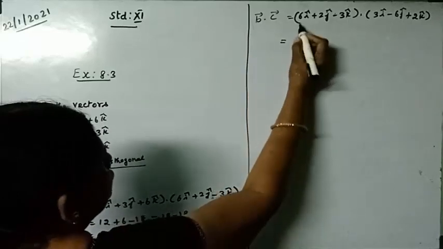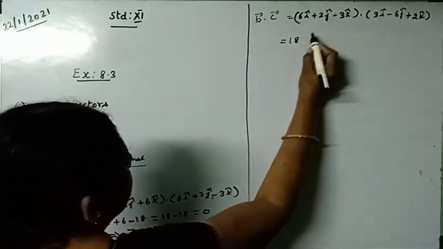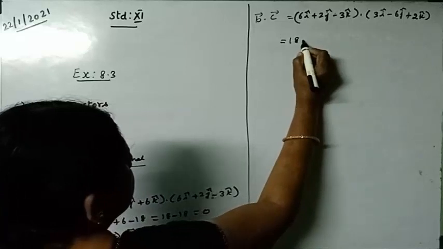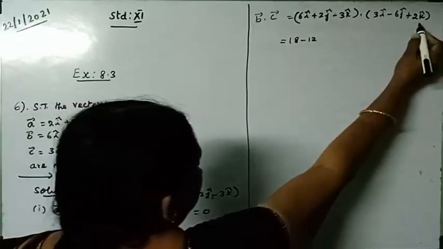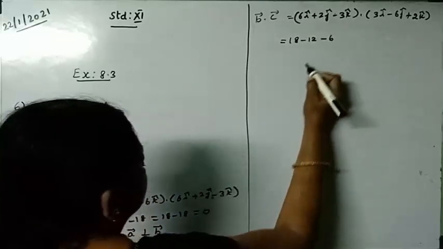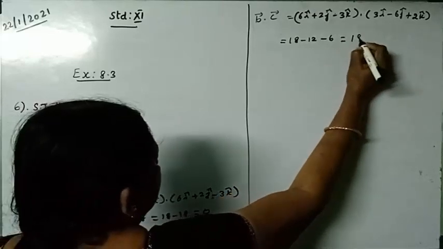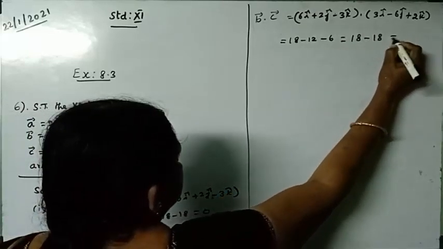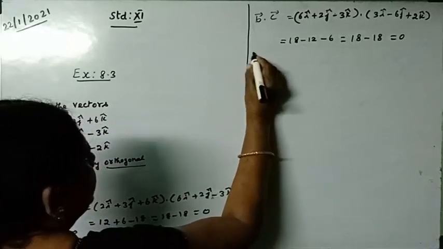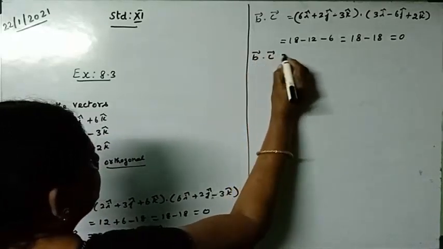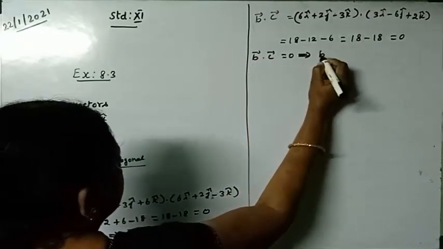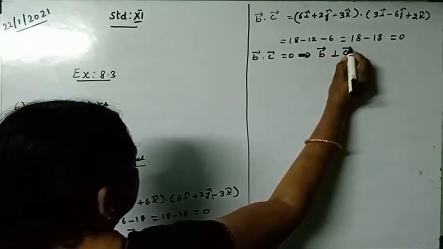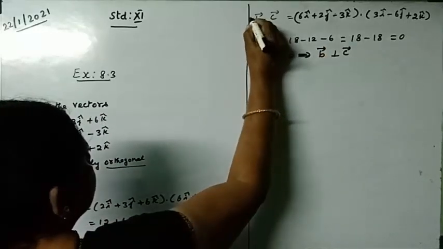So which is equal to 6 3s are 18, 2 into minus 6 is minus 12, minus 3 into 2 is minus 6. Now here I am getting 18 minus 18 is equal to 0. So the answer is B vector dot C vector is equal to 0, which implies B vector is perpendicular to C vector. This is the second condition.